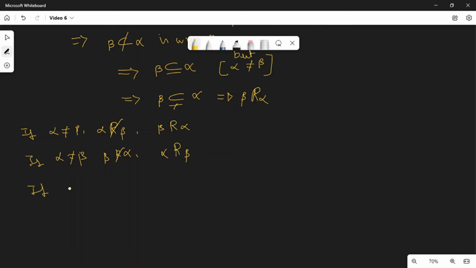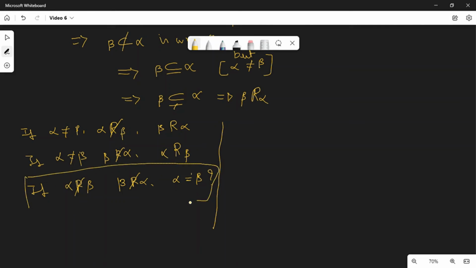What happens if alpha is not related to beta, and beta is also not related to alpha? Does it imply alpha is equal to beta? Let's check. Alpha not related to beta implies alpha is not a proper subset of beta, right?